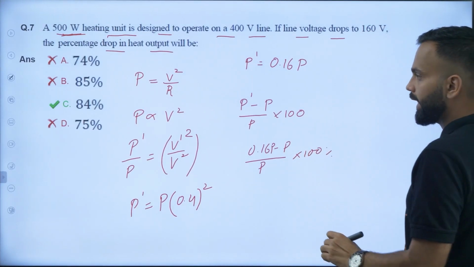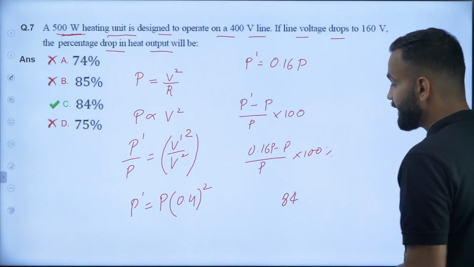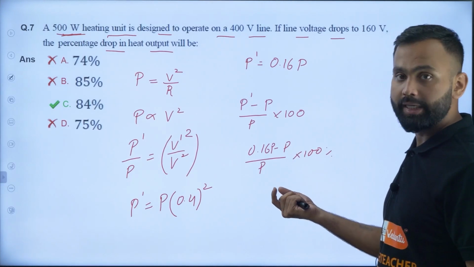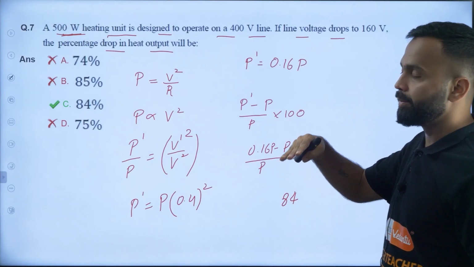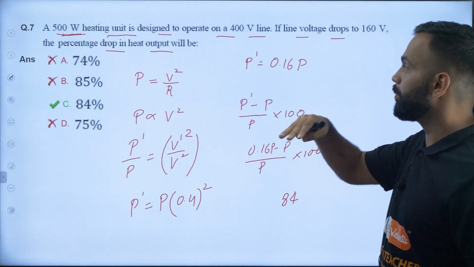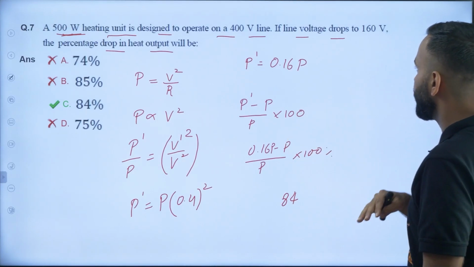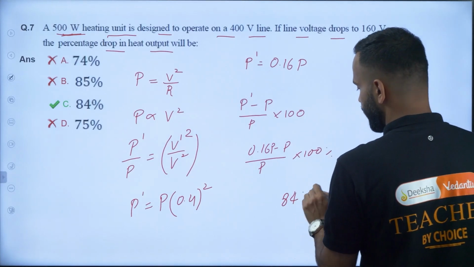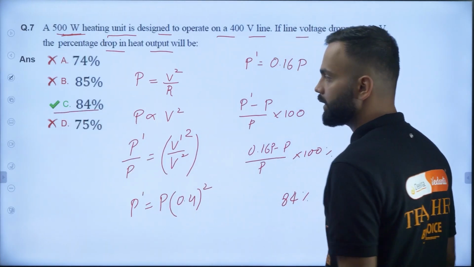Solving this, you will get 84%, in negative. The negative sign indicates that there will be a heat drop in the heating element. So 84% is the correct answer, and the correct option is C.